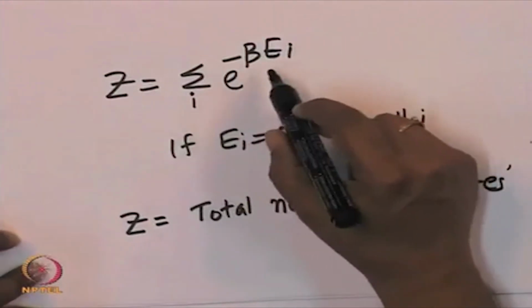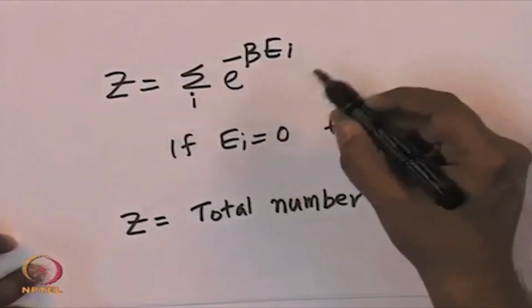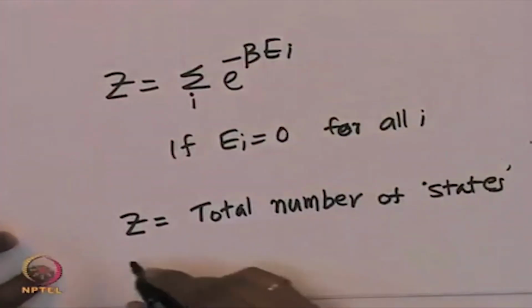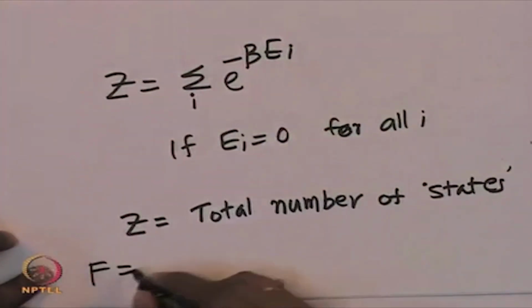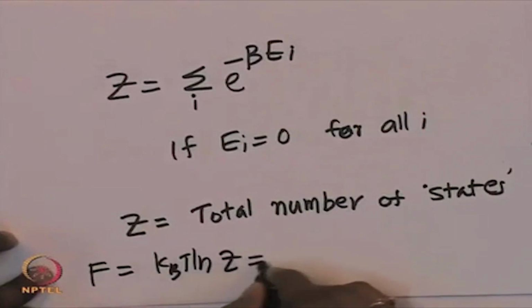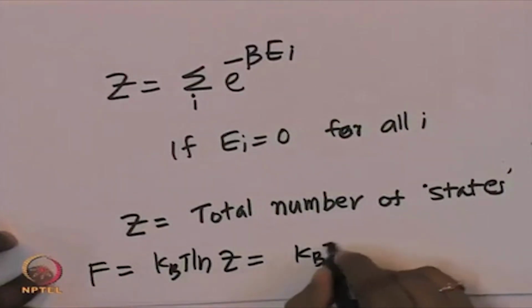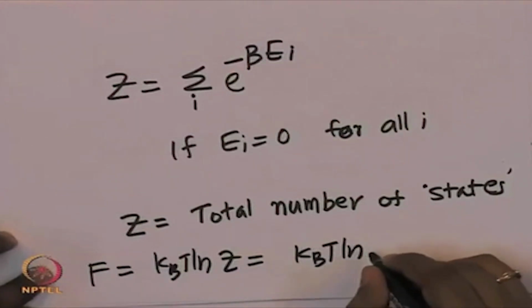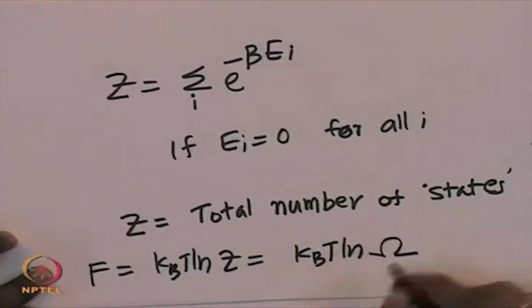So, this will be like e power 0 plus e power 0 plus e power 0, n times, where there are n states. Then the free energy will be kBT log Z, which will be kBT log of the number of states omega.